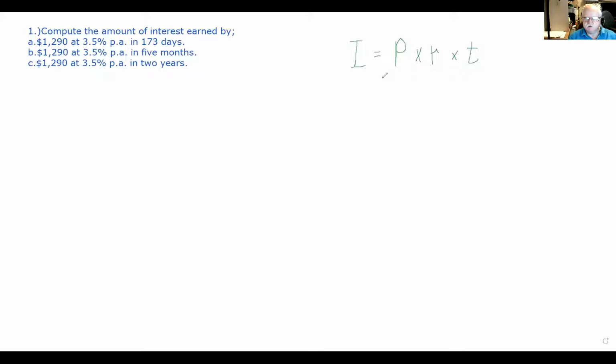So P here is the principal, which is always going to be a dollar figure. R is the interest rate, which is always going to be the annual rate. They're always going to give us the annual interest rate.